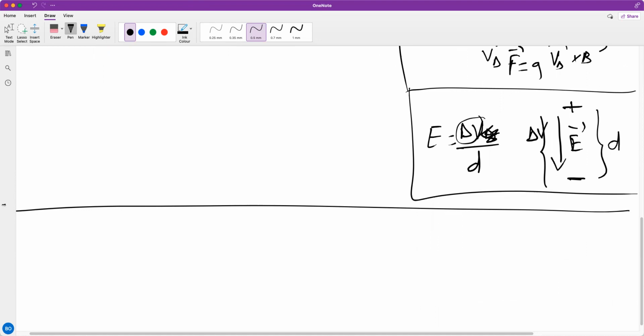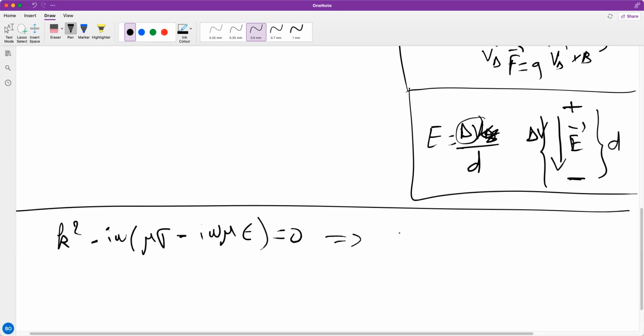For the wave propagation, we obtained the dispersion equation, which is minus omega mu sigma minus i omega mu epsilon equal to 0. So the wave propagation in solids tells me that the wave number is equal to a real plus an imaginary part.